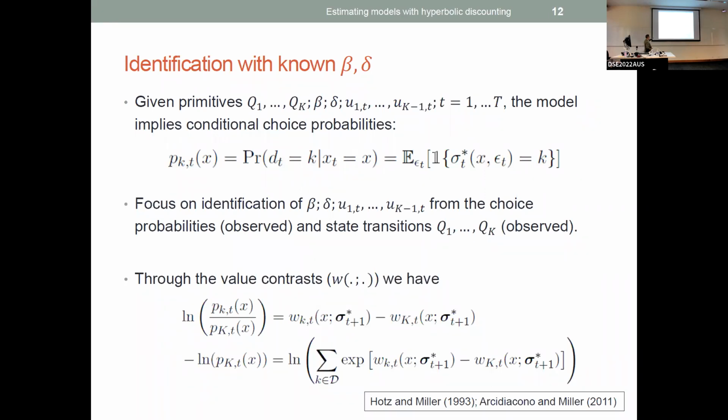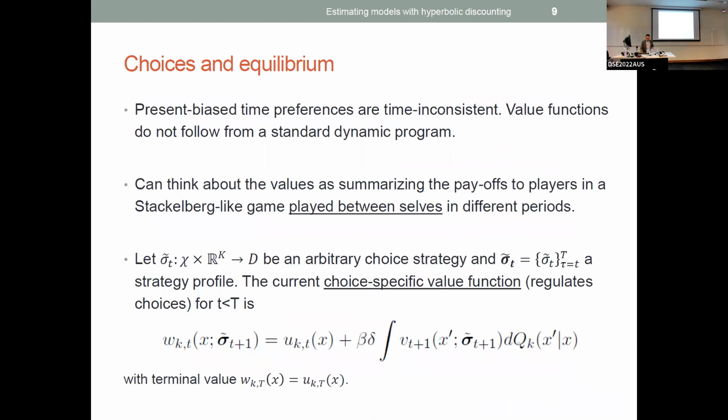So we start with this classical approach where we contrast the CCPs. We get this equation where on the left side you have the contrast of the CCPs, and on the right-hand side the contrast of the choice-specific value functions. And W, as I discussed earlier, is given in terms of the hyperbolically discounted expected long-run value function.